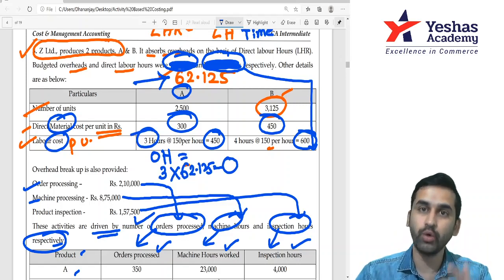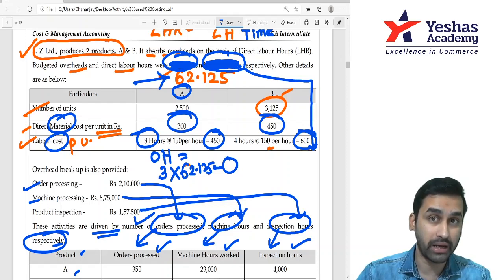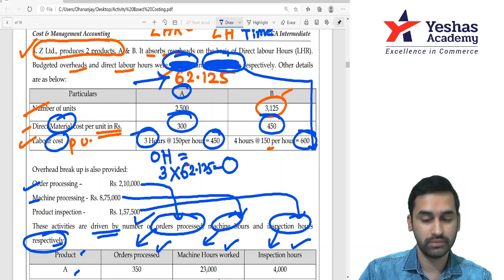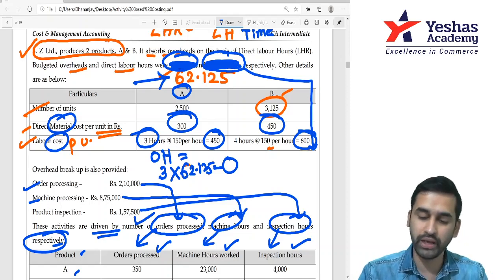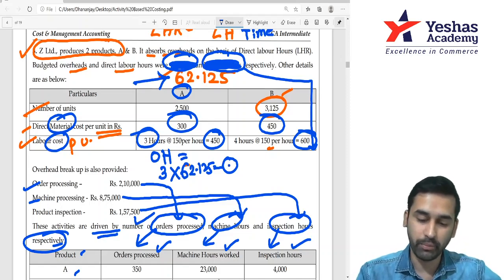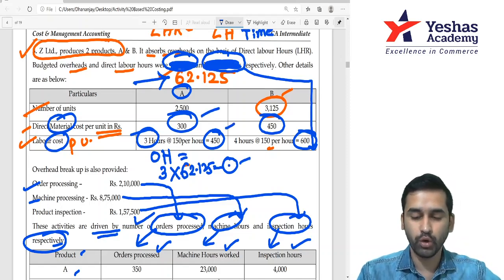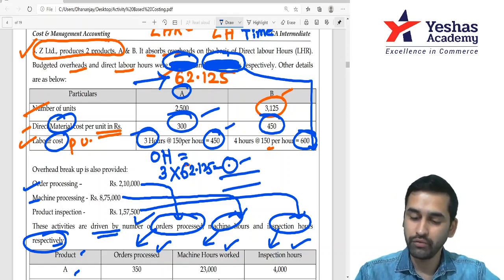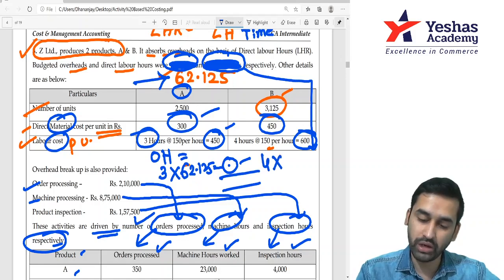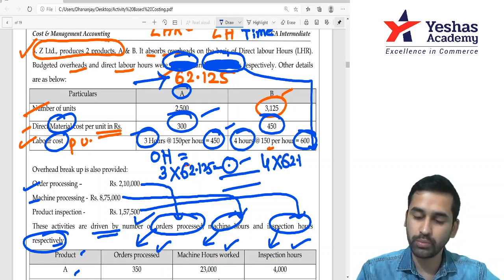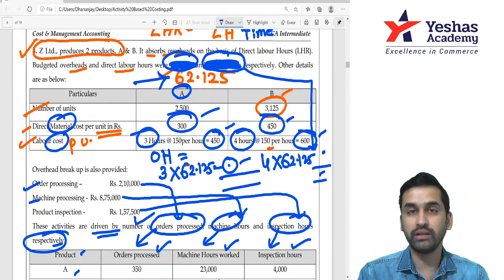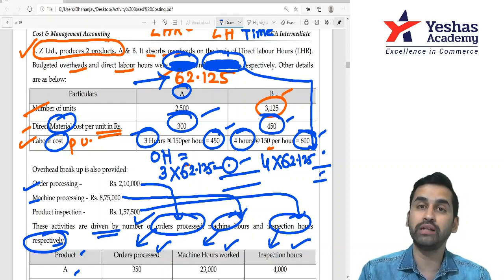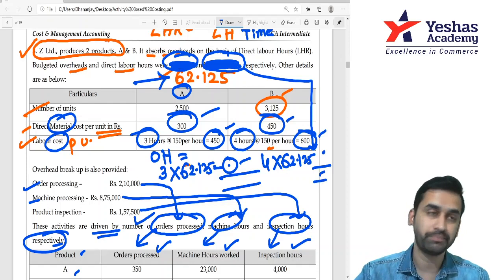Now material given, labor given, overhead simple calculation, add all the 3, done. Same way for B also, but B will be 4 hours into 62.125, material given, labor given, overhead you will get, then the total. That's the end of the answer to sub question A.